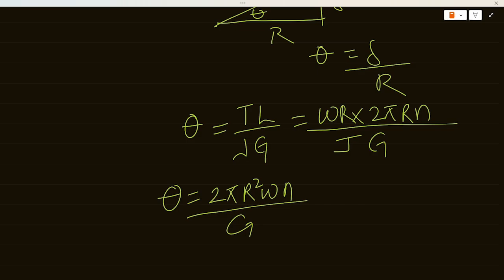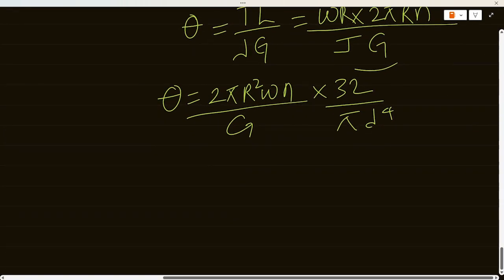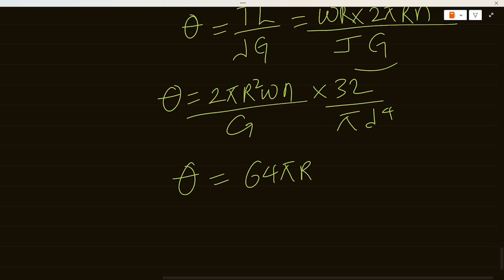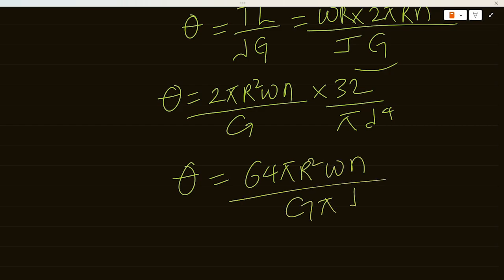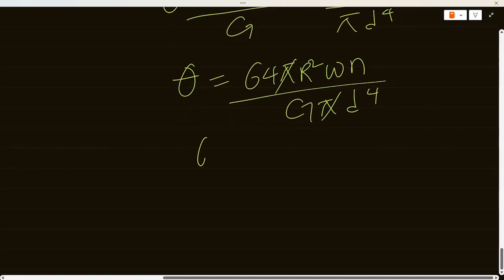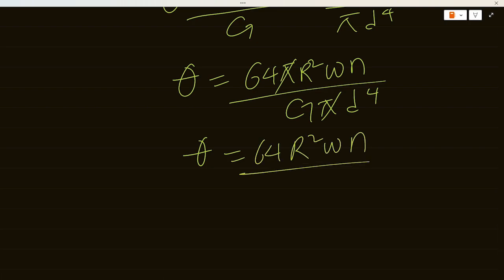G times, when you take the polar moment of inertia and invert it, it gives you 32 over pi d4. Then eventually you have 64 pi r squared W n over G pi d4. Pi cancels out. You'll be having 64 r squared W n over G d4.